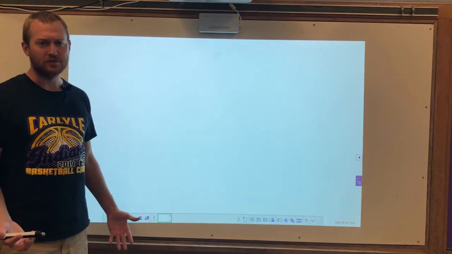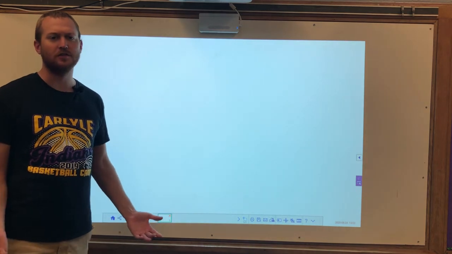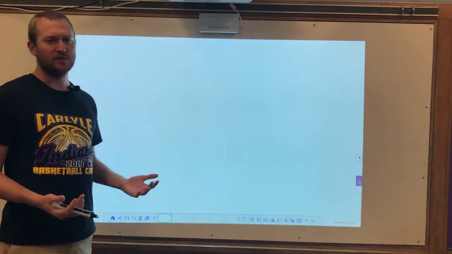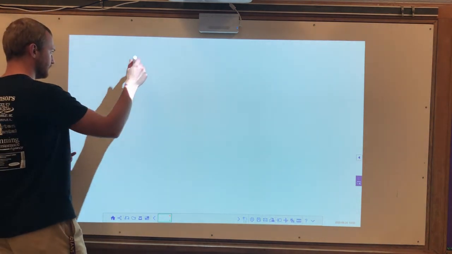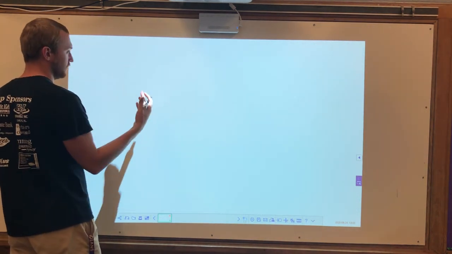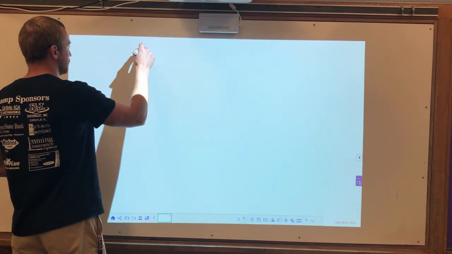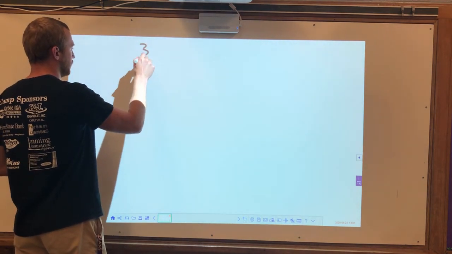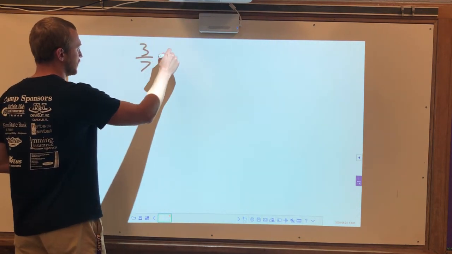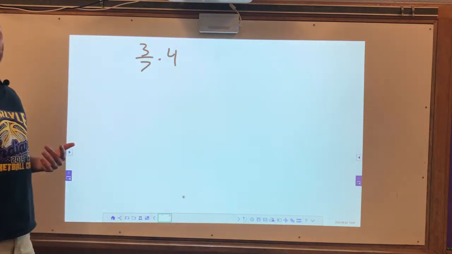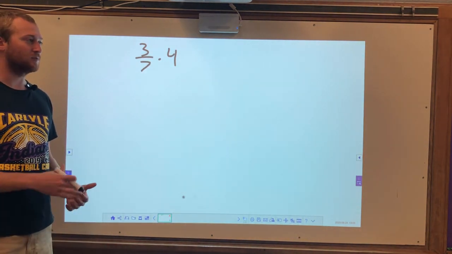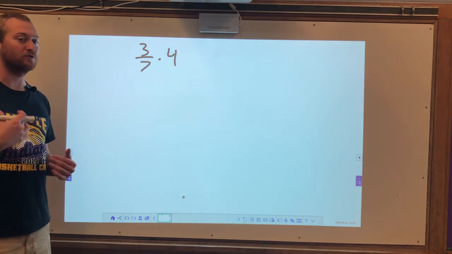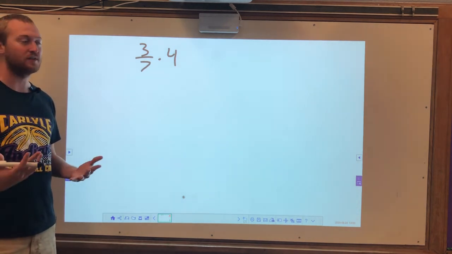One thing about multiplying fractions I forgot to touch on is what happens if we're multiplying a fraction times a whole number, or just a non-fraction. So if I have 3/7 times 4, you might be thinking, you've just been saying to multiply across, the numerator times the numerator and denominator times the denominator.